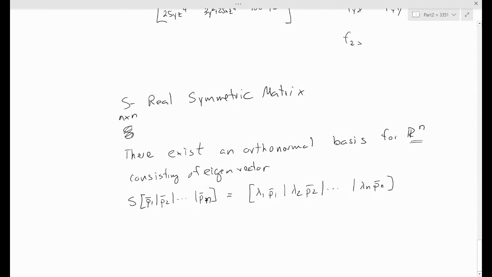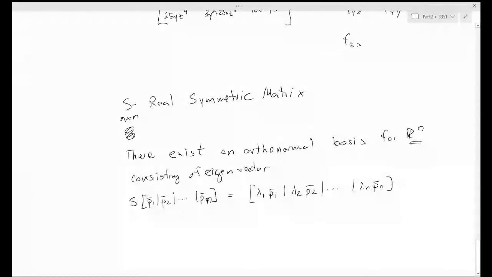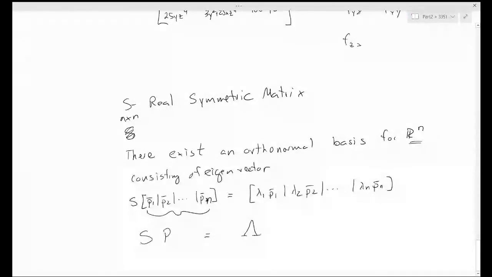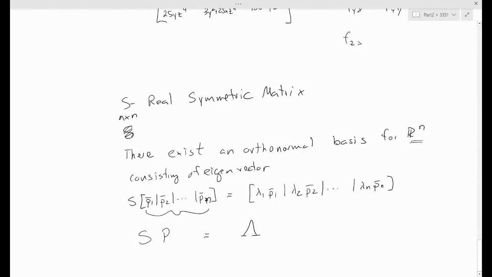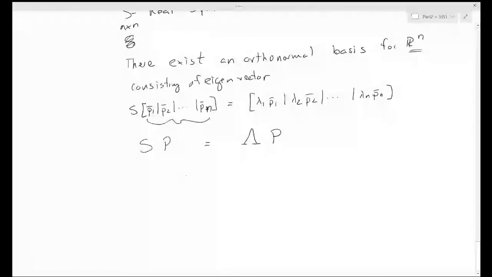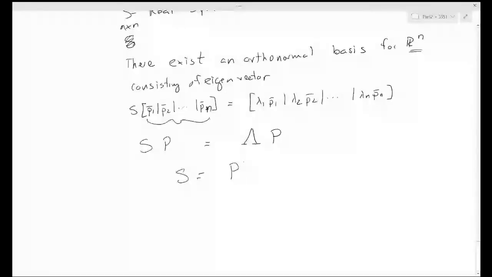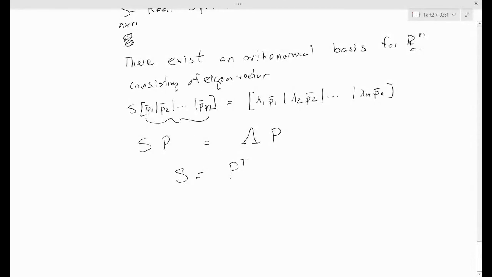And so you create a matrix P whose columns are your orthonormal basis of eigenvectors. And this can be written as a diagonal matrix where the diagonal entries are your eigenvalues times the matrix P. So then S is equal to, oops, the other way around, yeah, my bad.